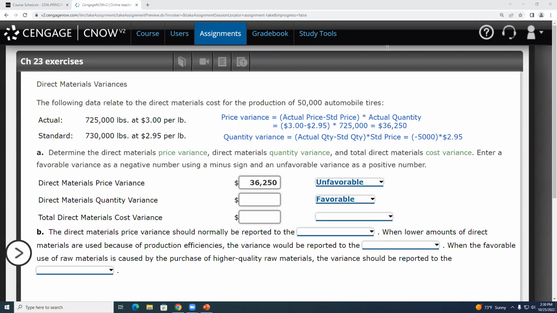And so you can see why that ends up as a negative, because the actual was less than the standard. We know it needs to be negative because it tells us to show a favorable variance as a negative number. We know it's favorable because we used less than we had expected.